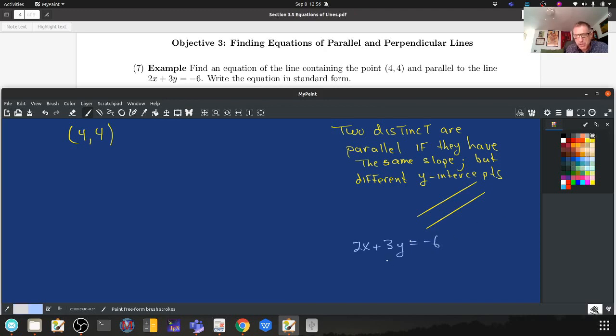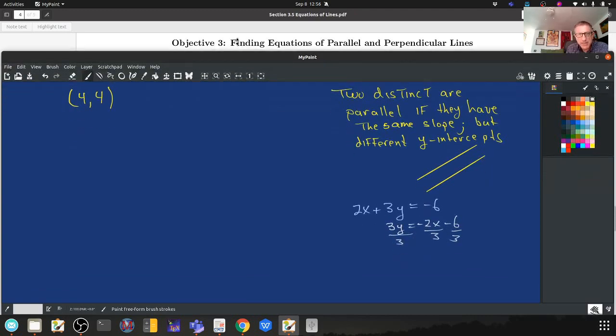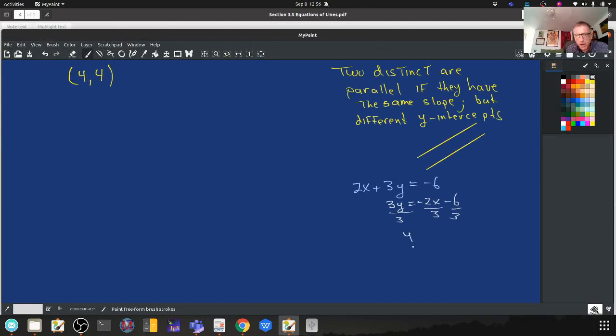As always, we're going to solve for y. That gives me 3y is equal to minus 2x minus 6. Now I'm going to divide every term by 3, and that gets me y is equal to minus 2/3 x. Minus 6 divided by 3 is minus 2. So my slope here is minus 2/3.